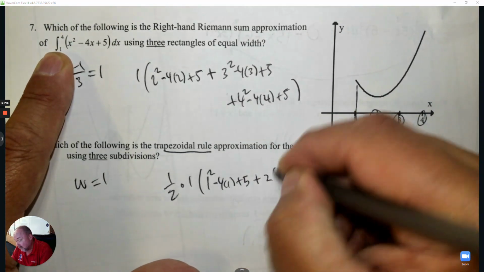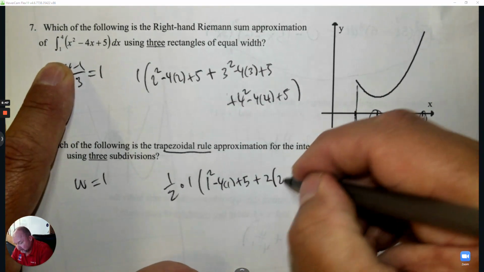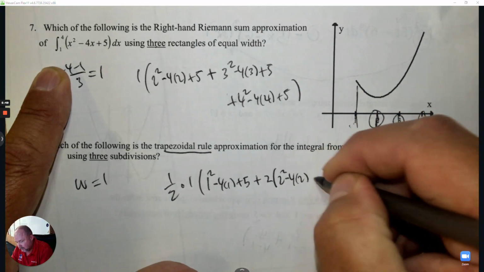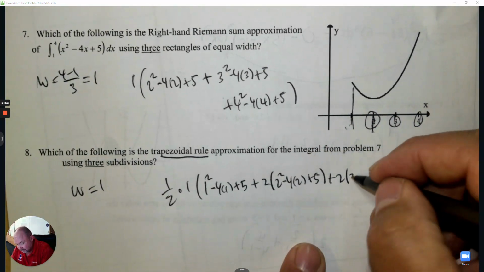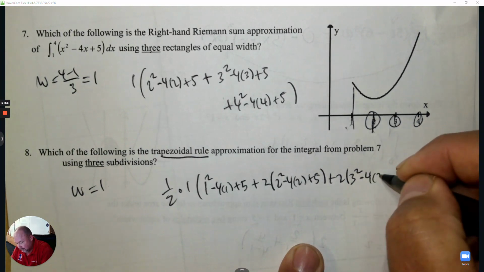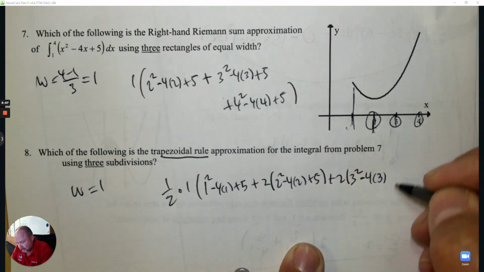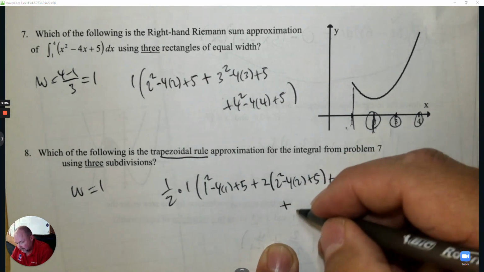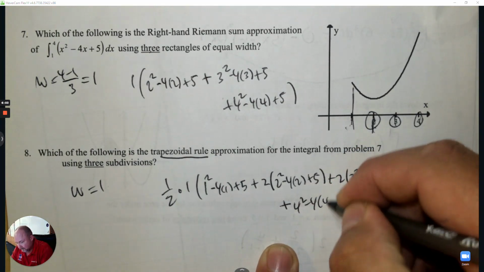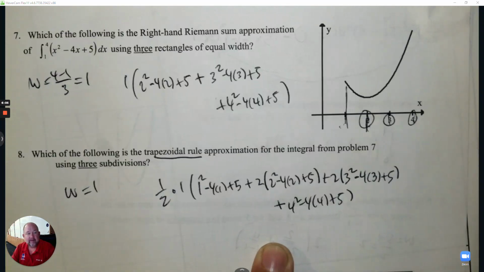The next height I'm going to double, using 2. Next height I'm going to double, use 3. And then the last one I don't double, using 4. Done.